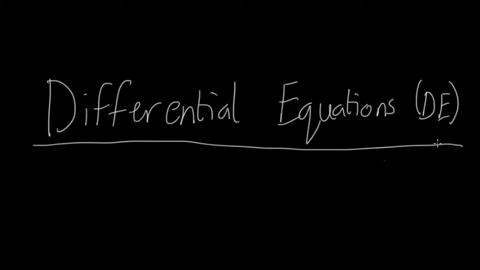In modelling the dynamics of a system where the variables vary with time, we can form differential equations to model this variation. A common example is Newton's second law of motion, F equals ma: force equals mass times acceleration.